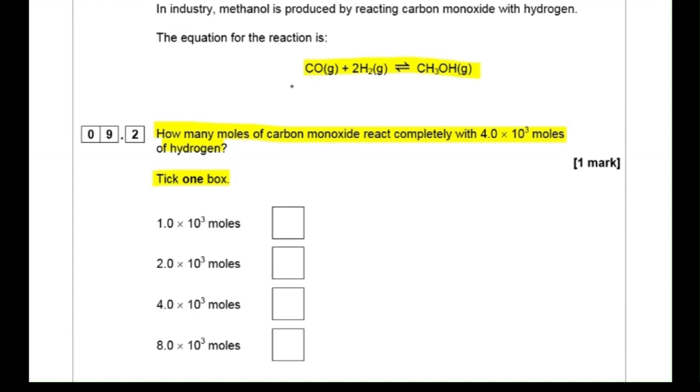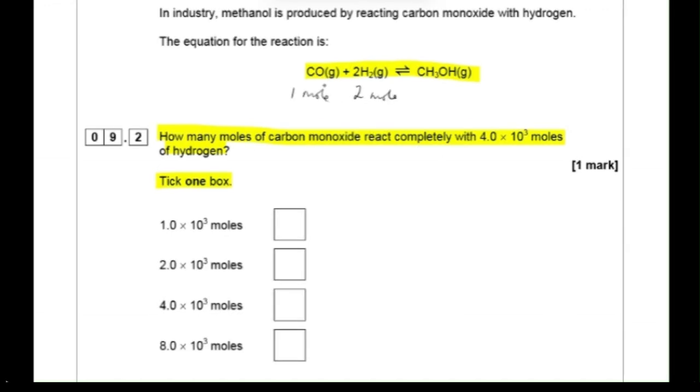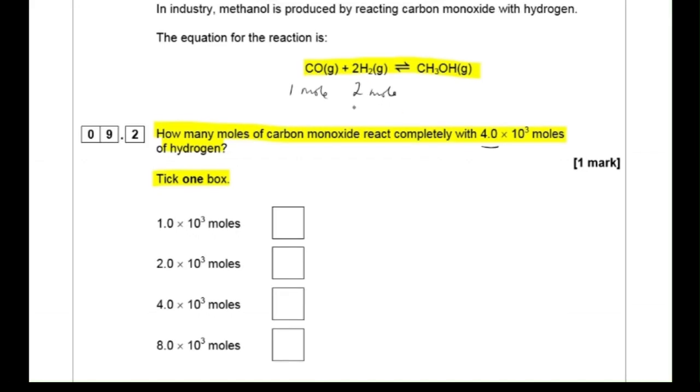That 2 in front of the H2 means there's 2 moles. Okay, so there's a ratio here of 1 mole to 2 moles. Now, in the question, it's asking us how many moles of carbon monoxide react with 4 moles. So if we have 4 moles of hydrogen, by definition, we must have 2 moles of carbon monoxide.